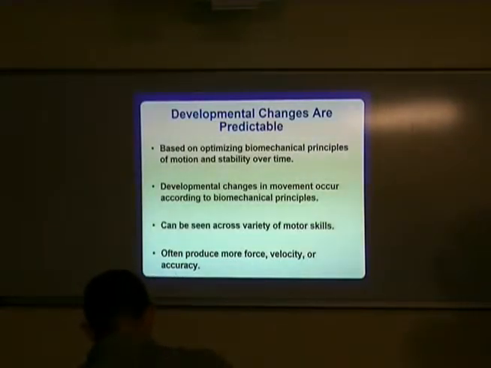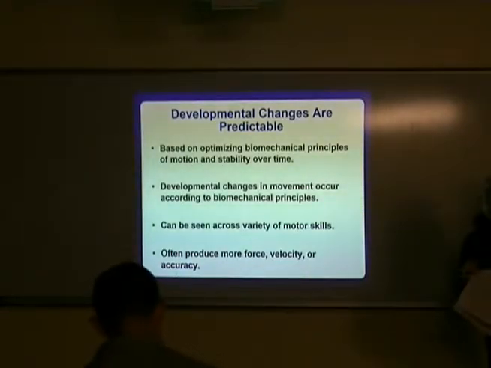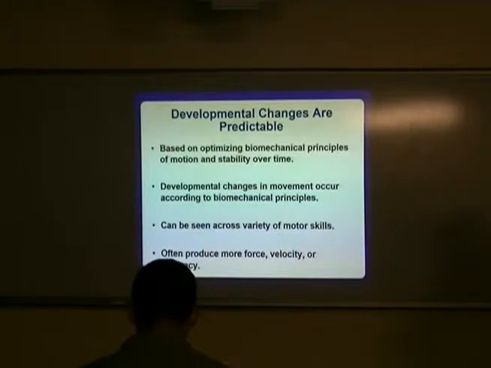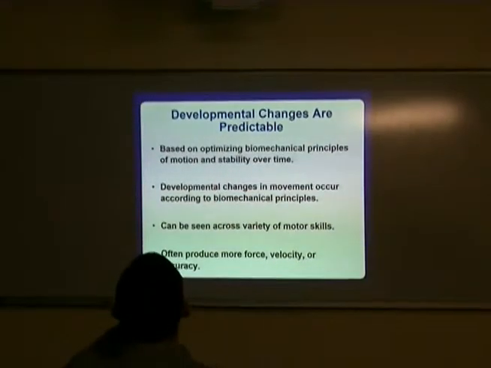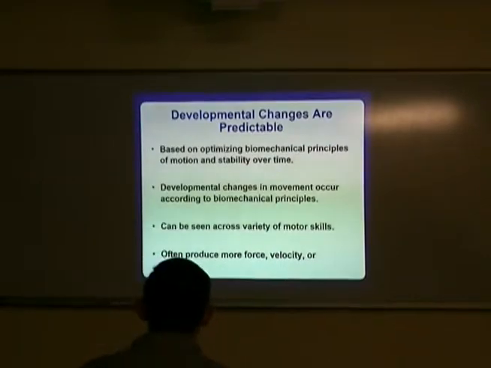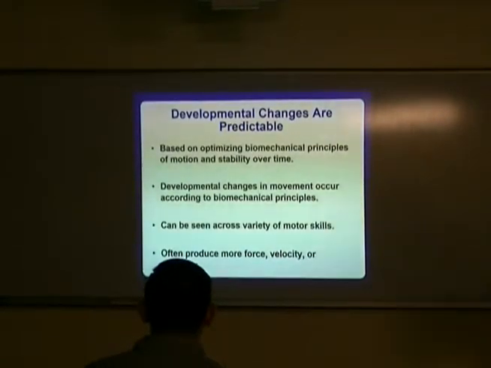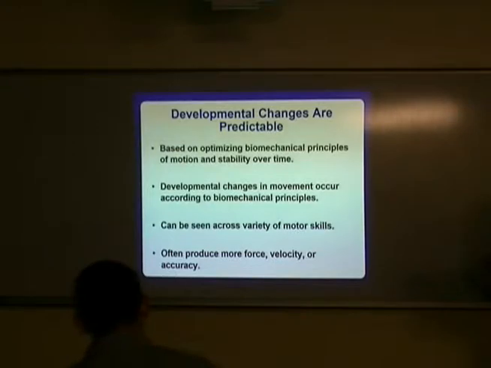The changes that we see are really based on being able to fully optimize principles of biomechanics and physics within that skill set. Given an environment, given a particular task, how do we use those principles to create the most successful movement pattern that we can?